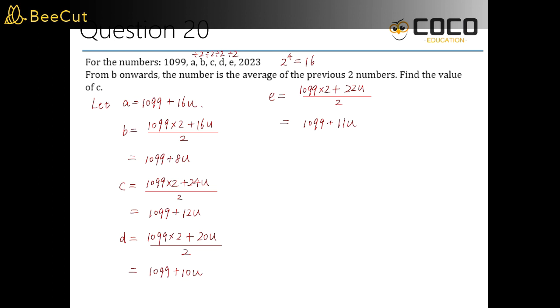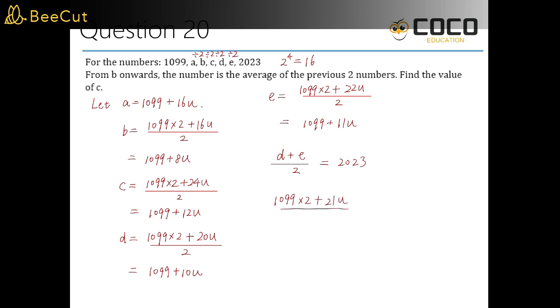Now the last step: D plus E divided by 2 equals 2023. So D plus E over 2 equals the average 2023. Let's add them together. D and E, this is 1099 times 2. Then we have 10U plus 11U, so that's 21 units.